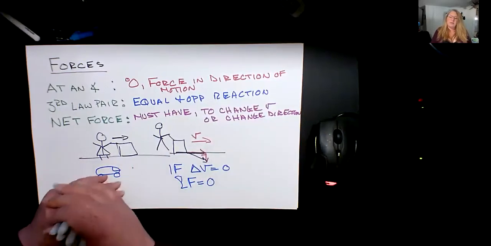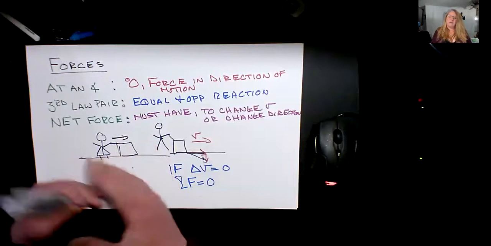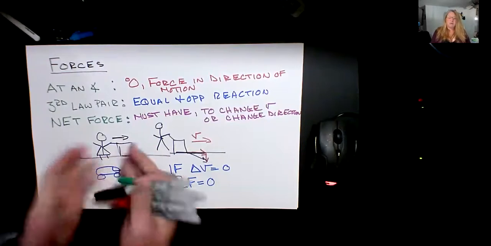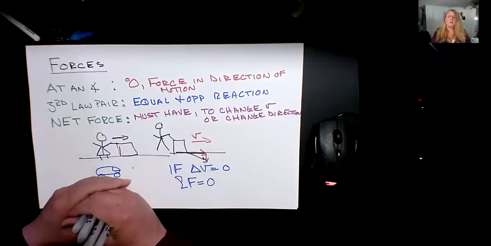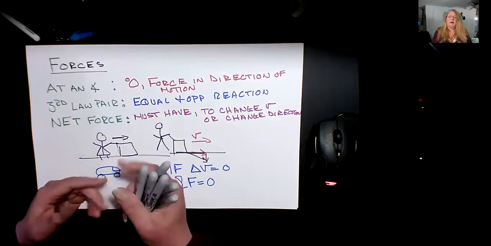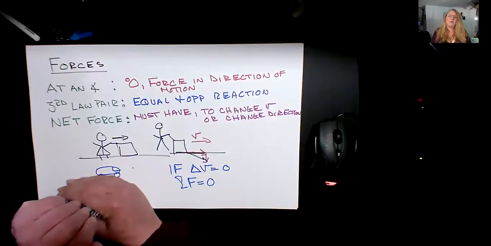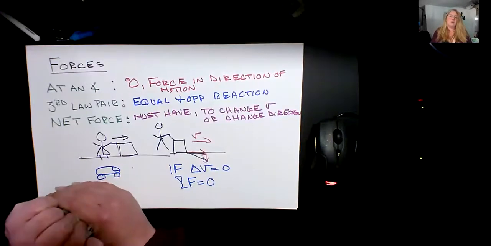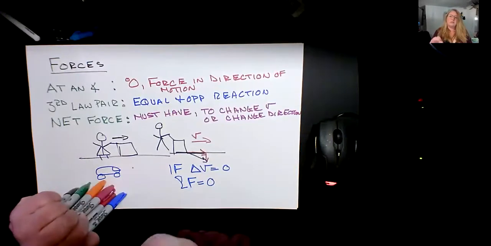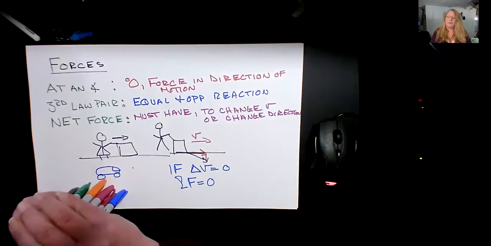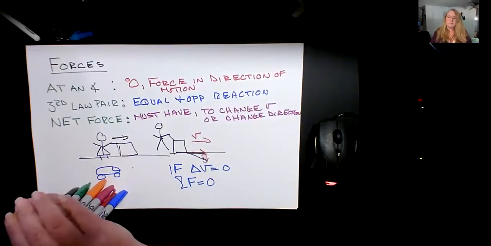And one of the ways you can think about that is a car, right? You go at a constant speed on a flat road, then you have equal and opposite forces balancing that out. Your net force with respect to the car and the road is 0, as you're going at a constant speed.